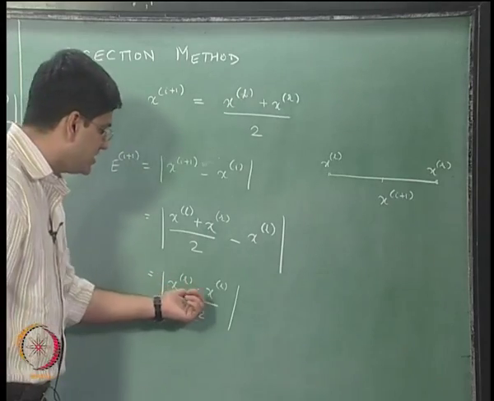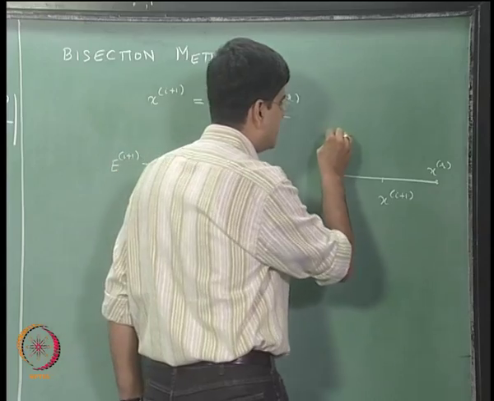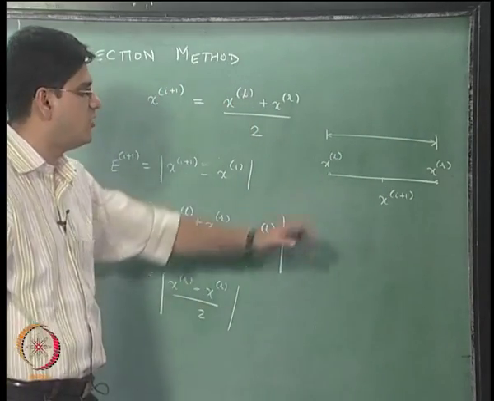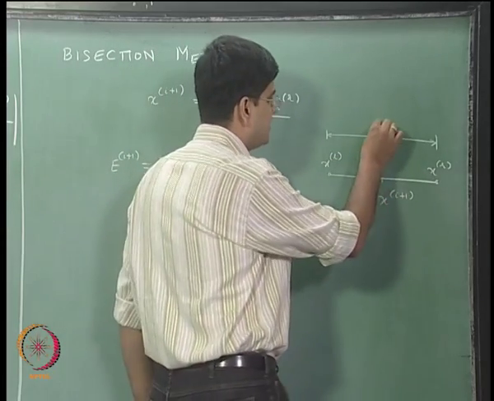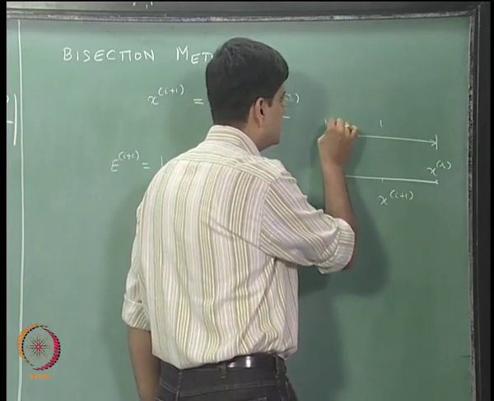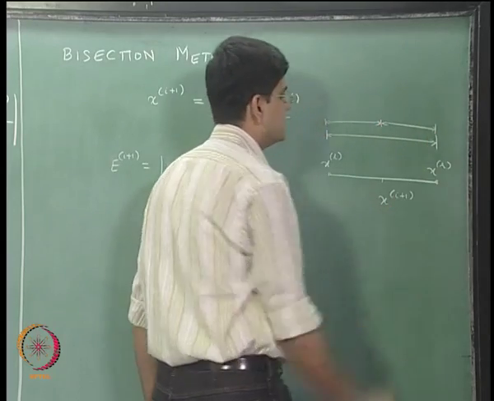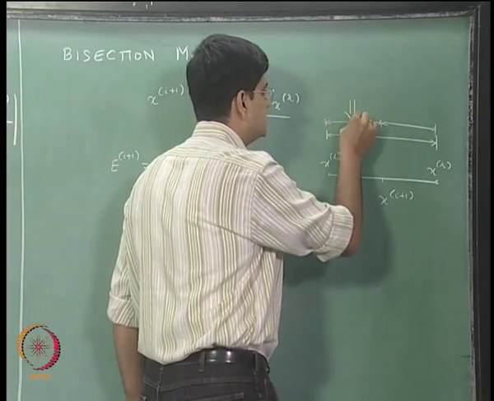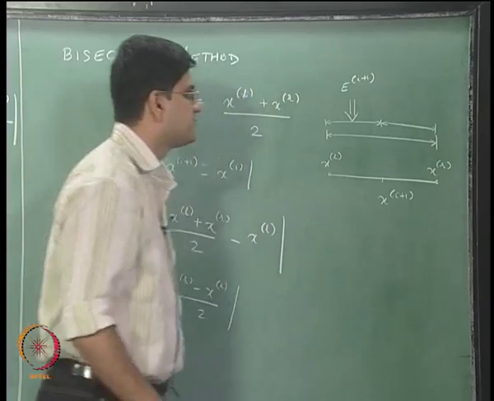So what does xr minus xl mean? xr minus xl is nothing but this particular length, and (xr minus xl) by 2 is going to be essentially this length, or this length. So this, for example, is nothing but our e_{i+1}.